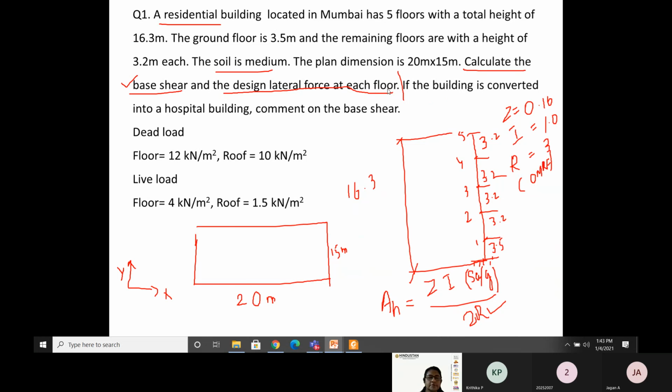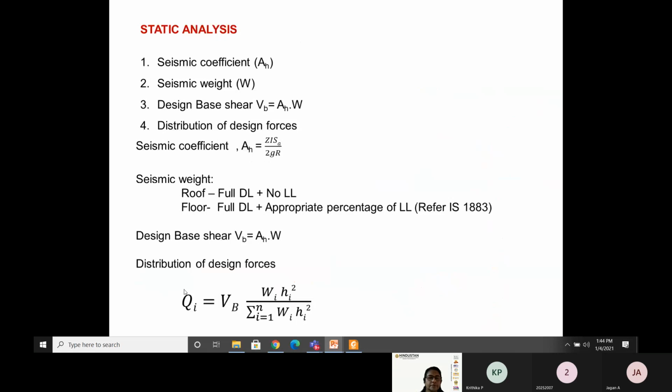Force at each floor. So you can see here the distribution of design forces. What is the equation for how you distribute the base shear to each floor according to the height of the building?